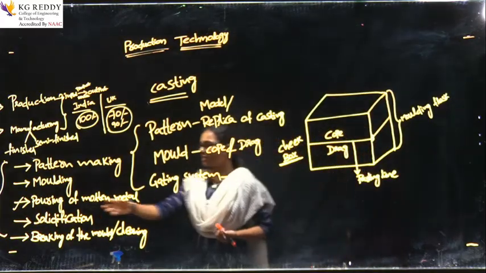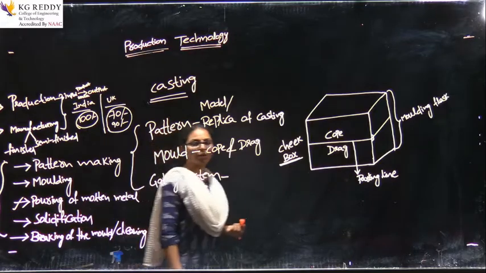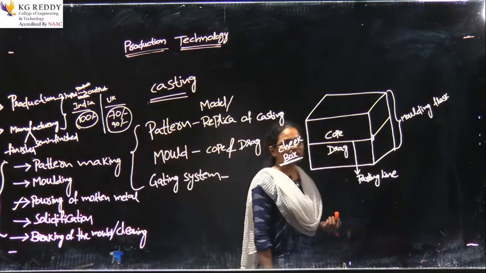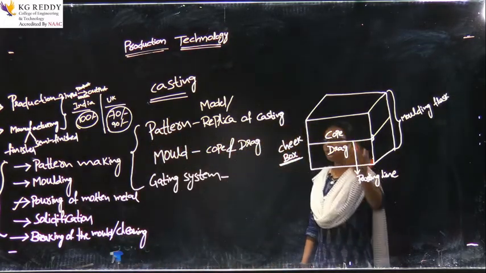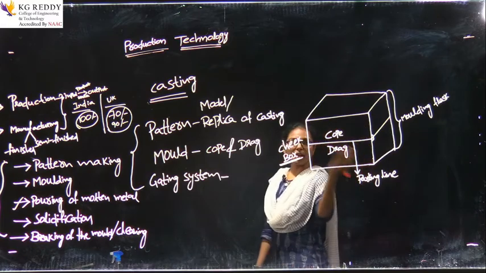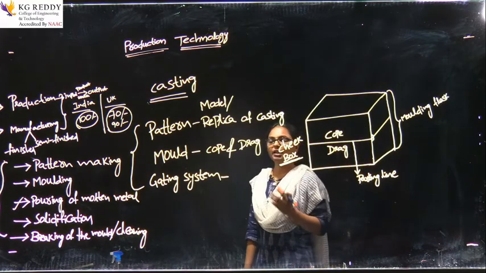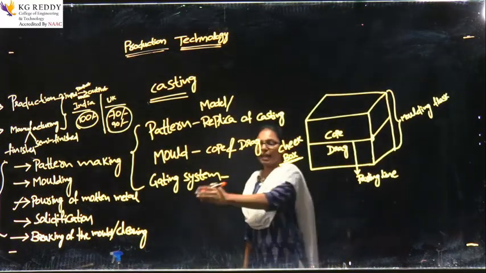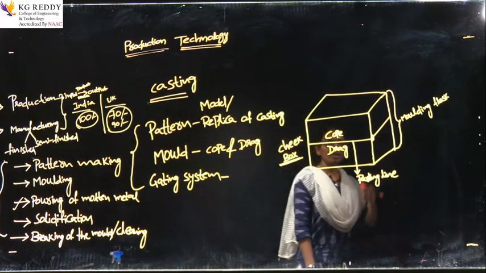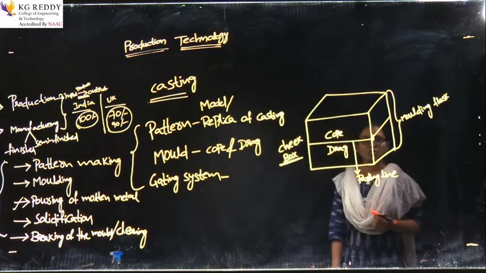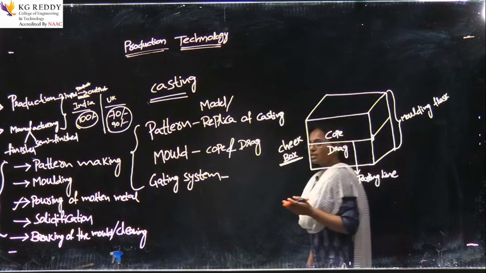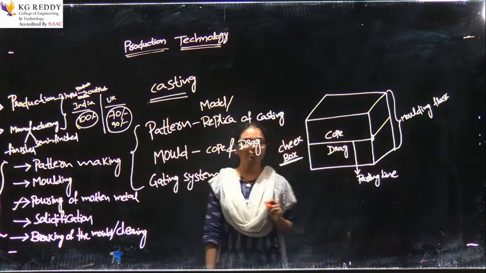The next step, the fourth one, is solidification of the casting. In the third stage we converted the metal from solid to liquid state, and in the fourth stage we allow that molten metal to solidify. It depends on the type of material.